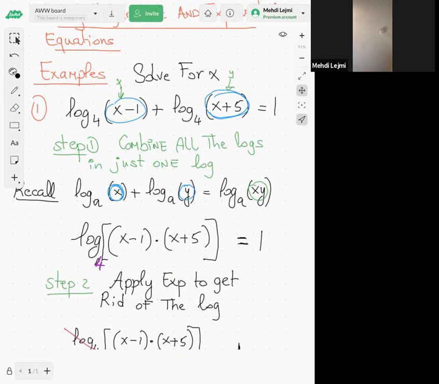So what I'm saying is that if you have this log in base 4 of x minus 1, this x minus 1 must be positive. And this x plus 5 also must be positive because we have log of x plus 5, and you can only apply a log on positive numbers. So this x plus 5 must be positive.